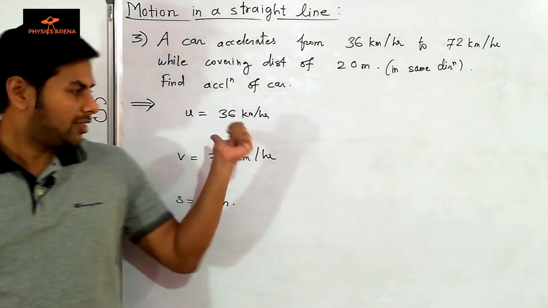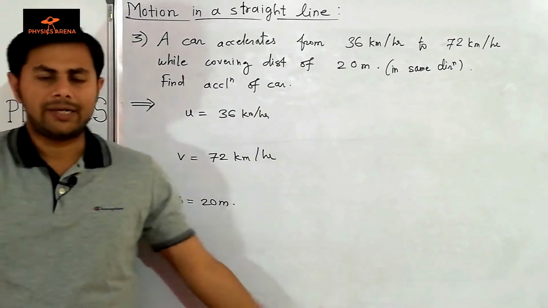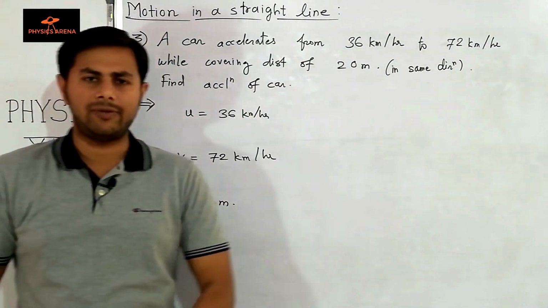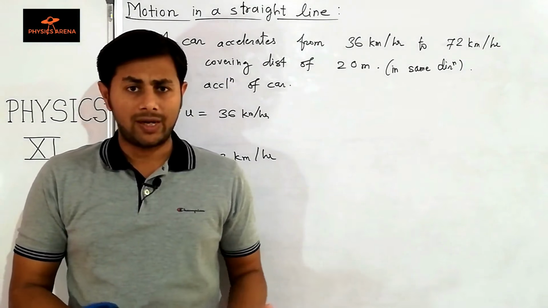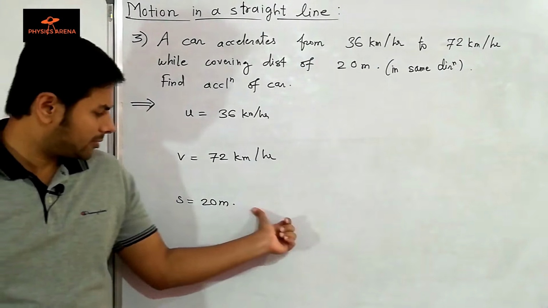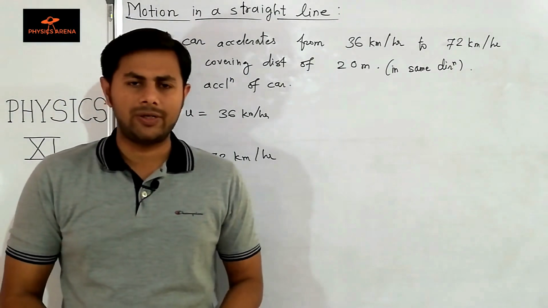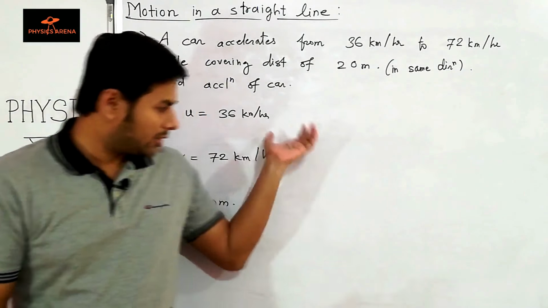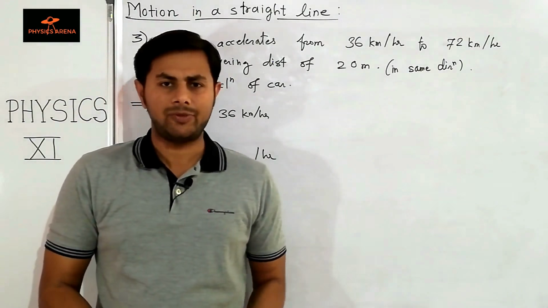Now the units of these quantities are different. The speed or velocity is given in kilometers per hour, and the distance or displacement is given in meters. So we have to convert all the quantities into the same set of units.